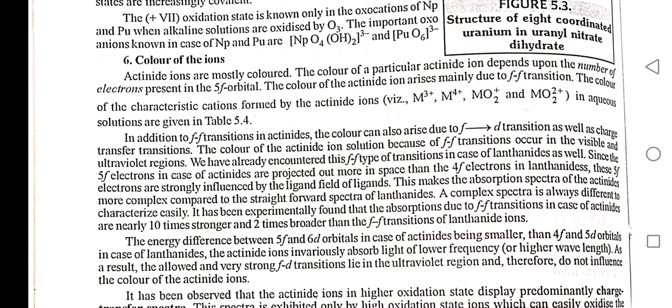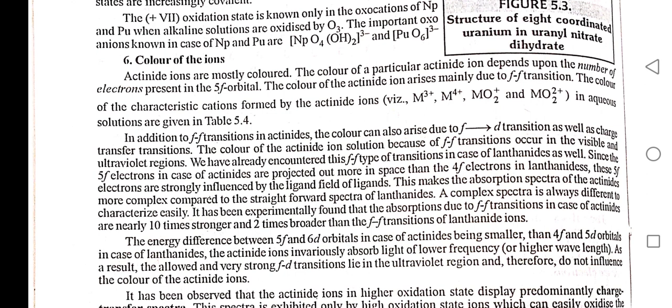It has been experimentally found that the absorption due to f-f transition in the case of actinides is nearly 10 times stronger and 2 times broader than the f-f transition of lanthanoid ions. The energy difference between 5f and 6d orbitals in actinides is smaller than between 4f and 5d orbitals in lanthanoids.